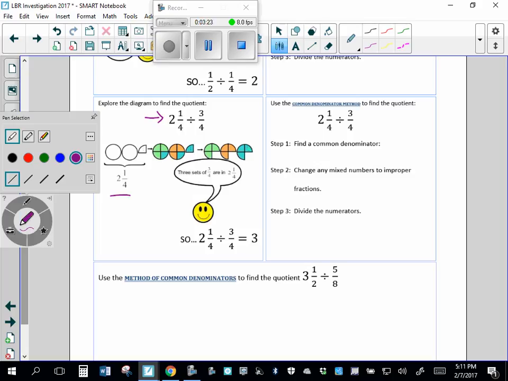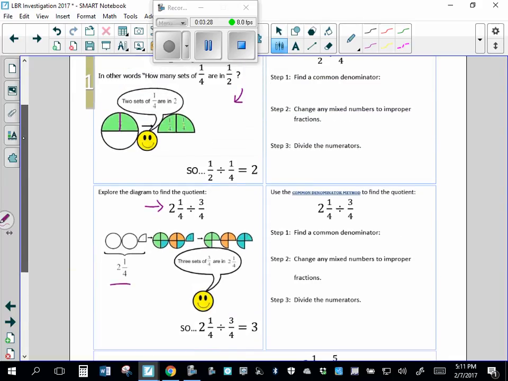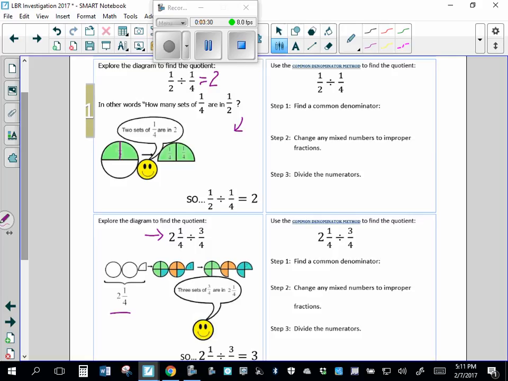But as you know, it's not always practical to draw all these pictures. So we also looked at some rules, and one rule was the common denominator method. So if we want to validate that this is in fact 2, we can do that with this common denominator method. And these were the steps that we did.